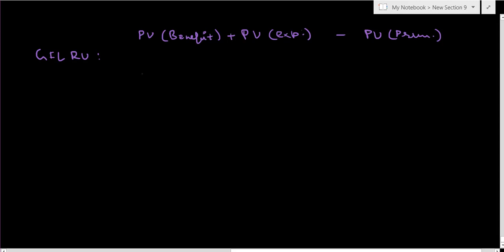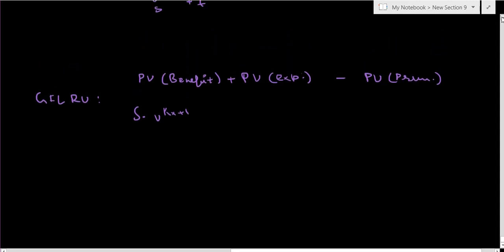In order to determine this, let's start writing what we have. Your PV of benefits would be S times v to the power of K_x plus 1. That's the usual discounting factor we use for benefits, and S is the amount of benefit. It is discounted by K_x plus 1 because it is payable at the end of the year of death.